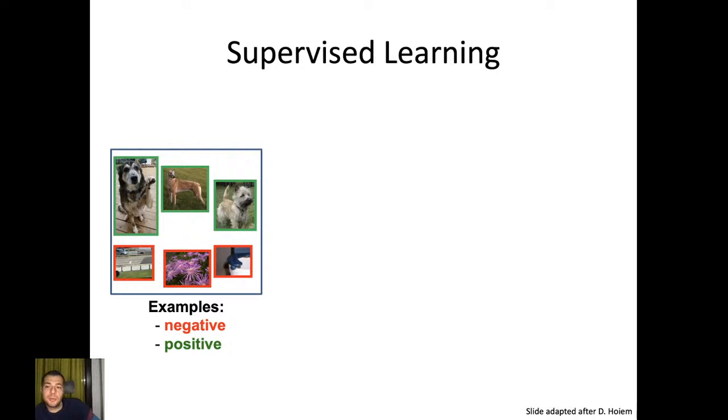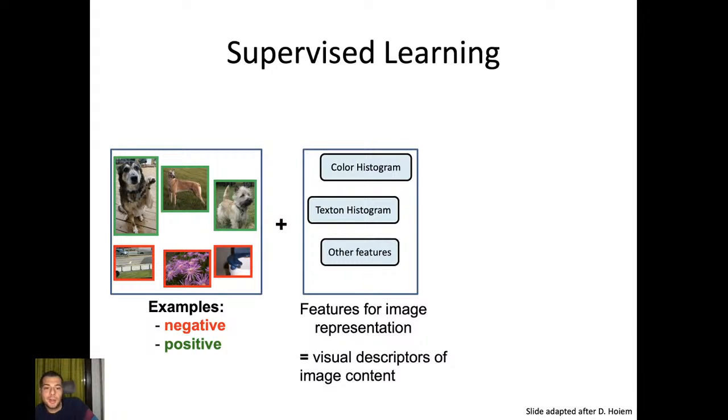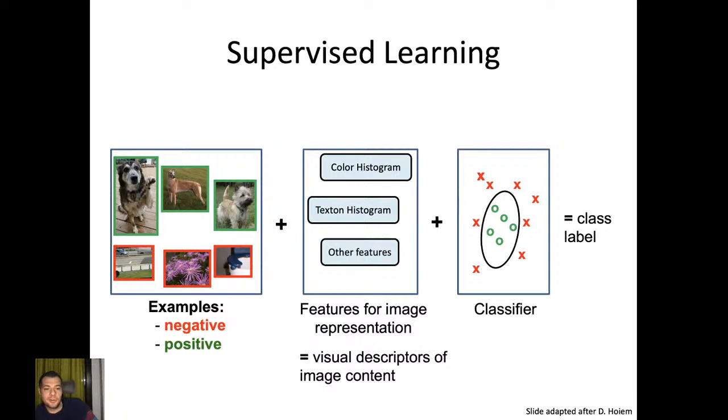So in the typical framework, we have images with different object classes. We extract some features, for example, color histograms, textures, and so on. Today we're going to discuss more of these feature representations that give us robust visual feature representations, and then we apply a classifier on top of these features and obtain the final class labels.